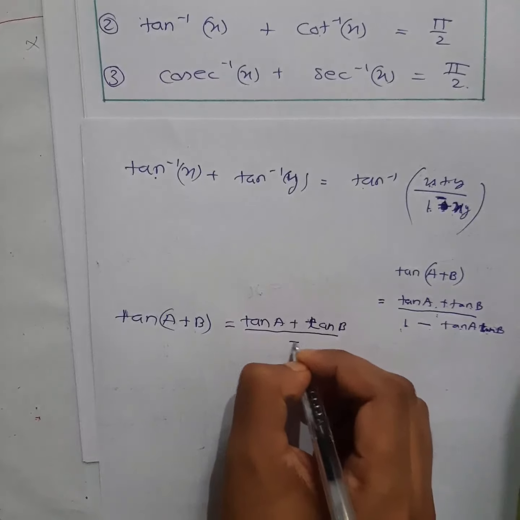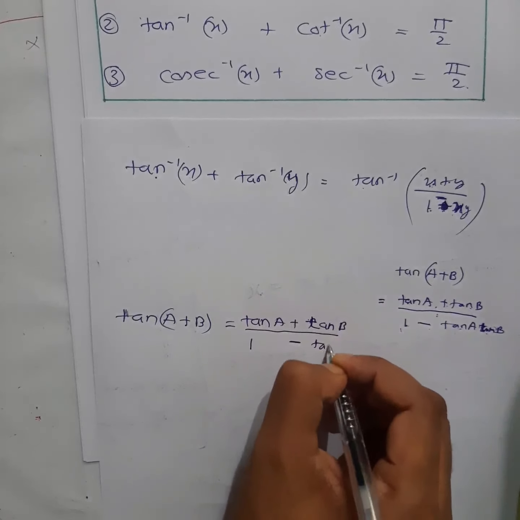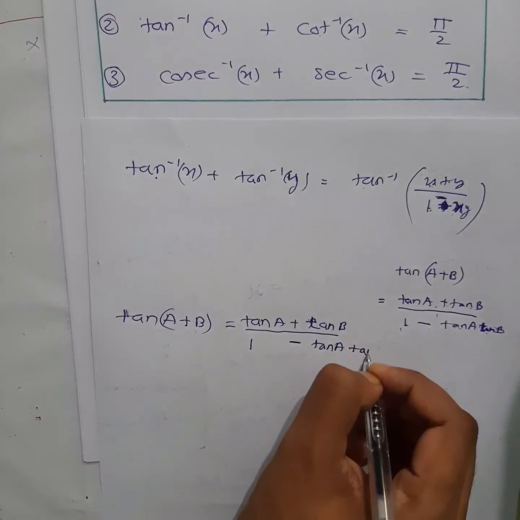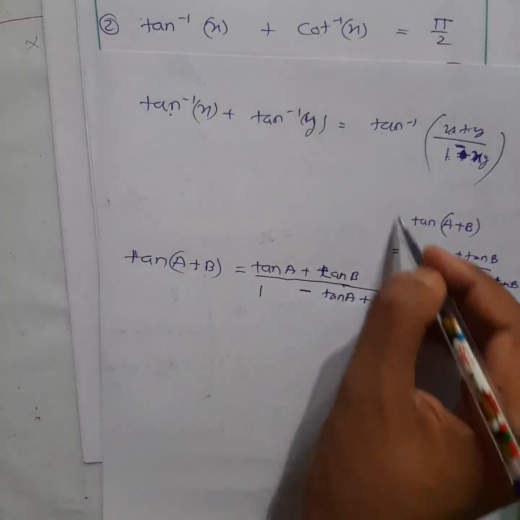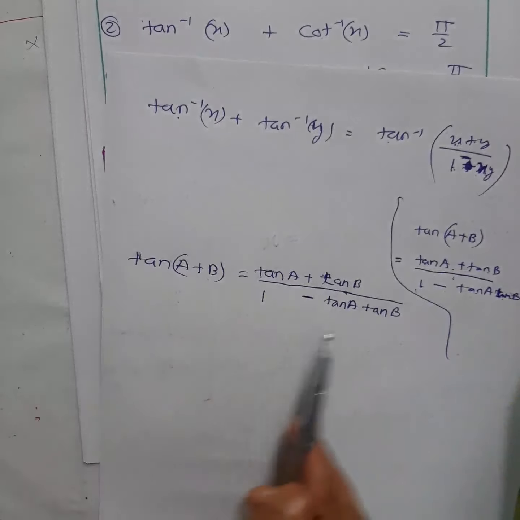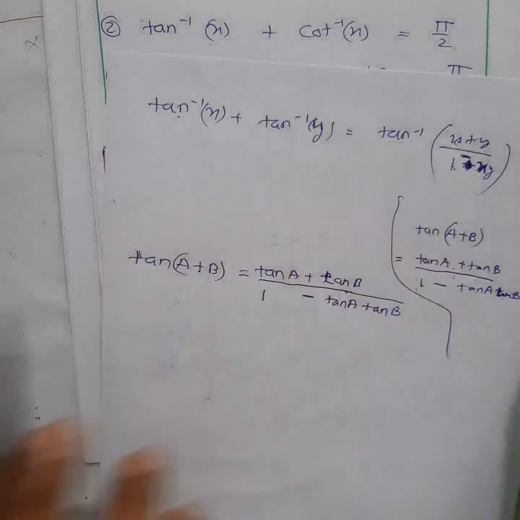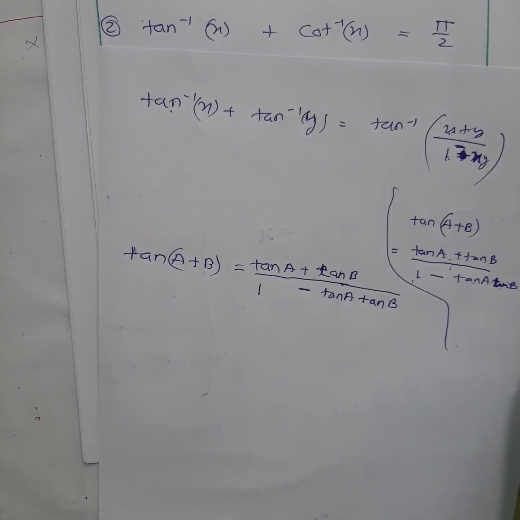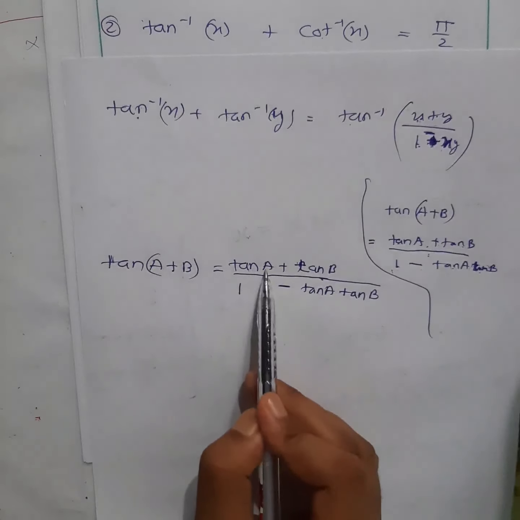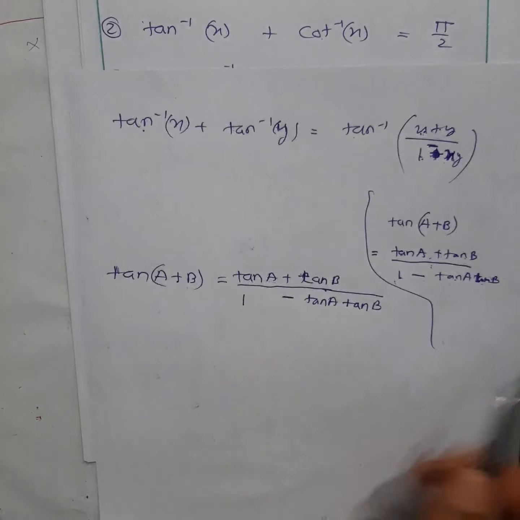In the denominator the sign changes, 1 minus tan a tan b. So this was the formula, right? Now see, this formula I have to convert into inverse, everything inverse. Can you see? Tan inverse, tan inverse, tan inverse. To make this an inverse, what will I do? To make tan a an inverse, what do you have to have?